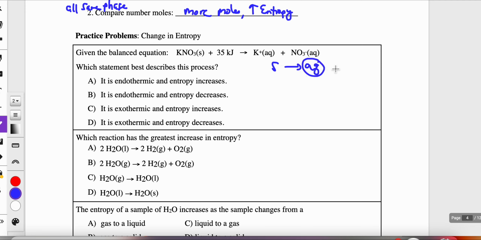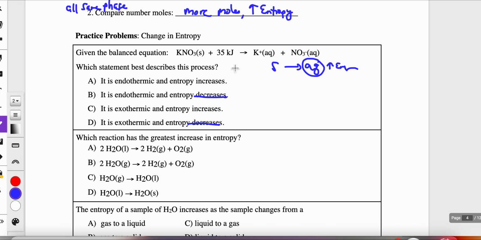Aqueous always has an increase in the entropy. So as we go from reactants to products, the entropy increases. So I can eliminate response B and response D because they both say the entropy increases.